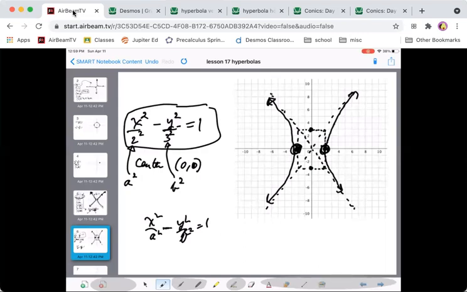I would want to say a little bit more, which is this. The reason that those asymptotes are the diagonals of the box, one way to think of it is if I factored x over a minus y over b times x over a plus y over b equals 1.